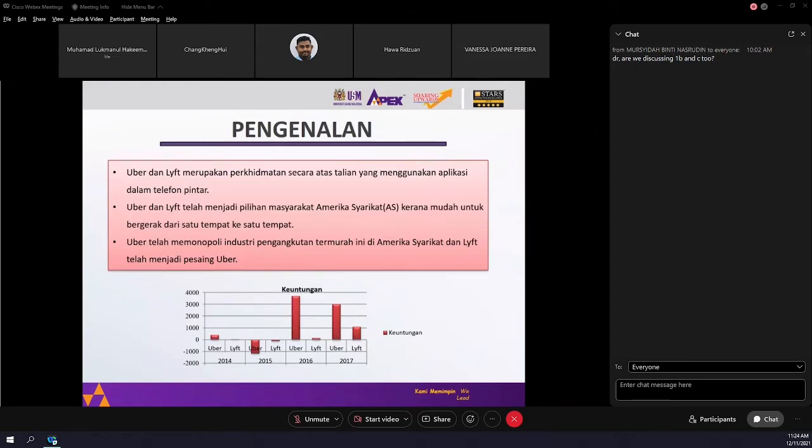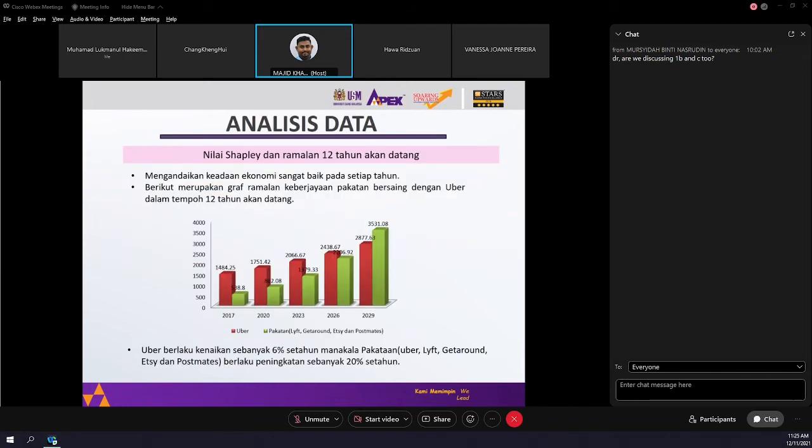So this is another ex-student, my first batch student doing game theory under me, on the difference between Uber and Lyft in the US. Using a game theory approach, especially the Shapley value, he managed to predict what will happen in 12 years from that particular time.